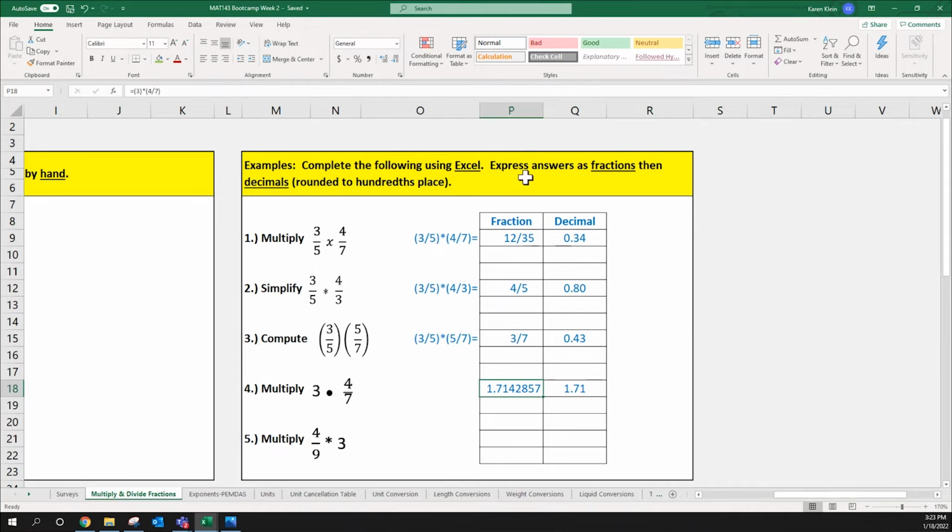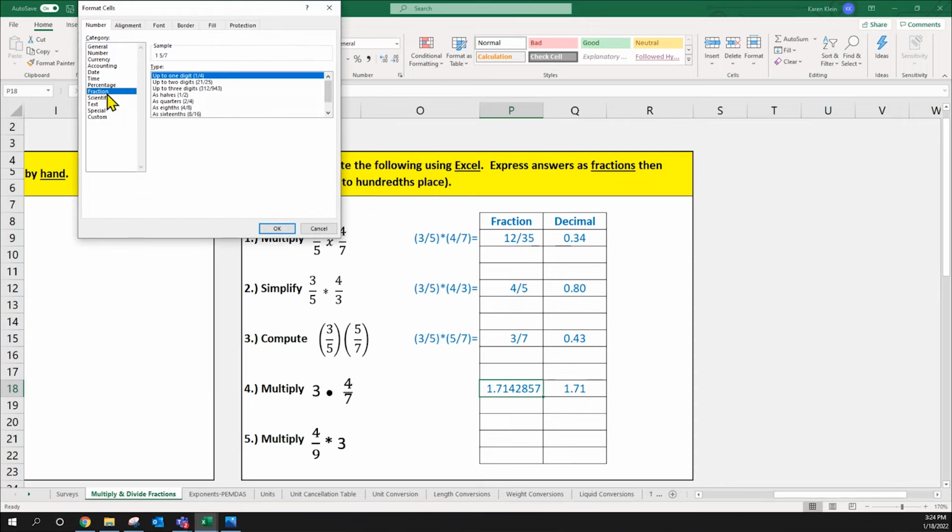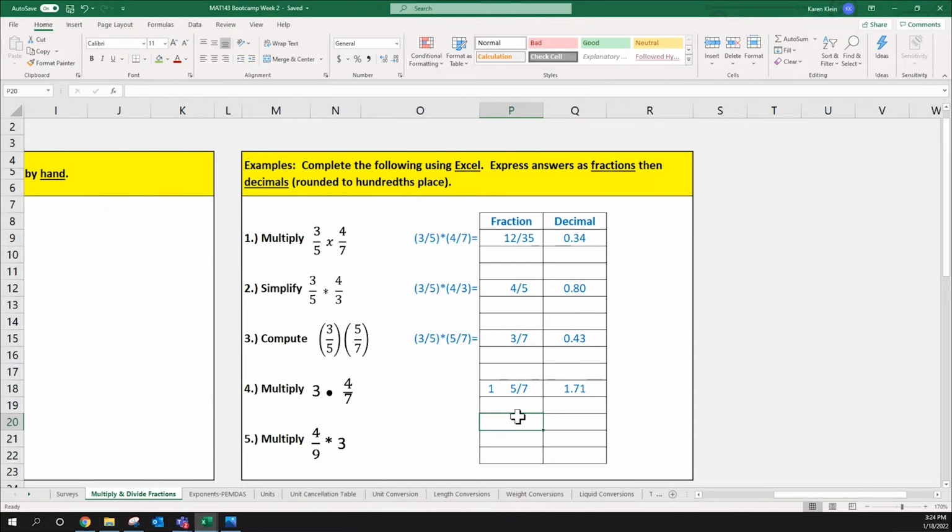But let's change this first column here to a fraction. So we need to change it to a fraction, and we want to display as many digits as possible. Now notice that Excel wants to turn it into that proper fraction. And so that is the equivalent to the fraction we got, which was 12/7.